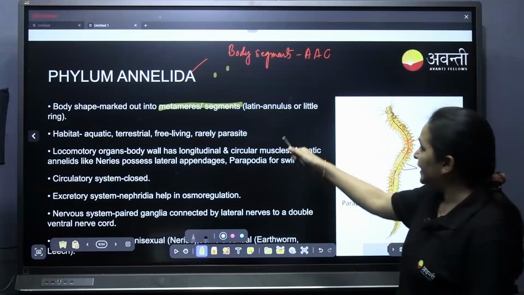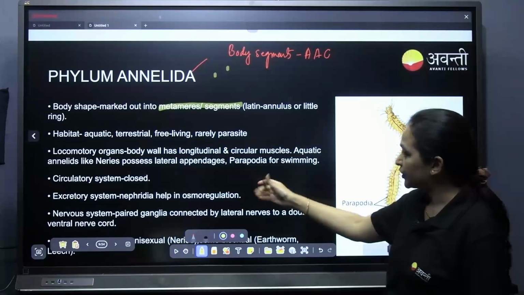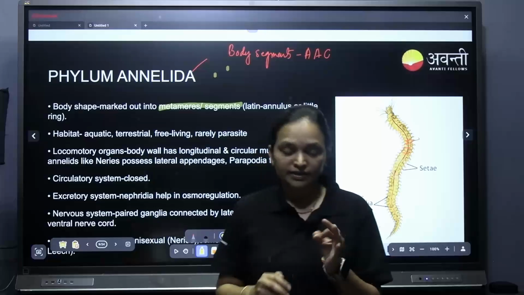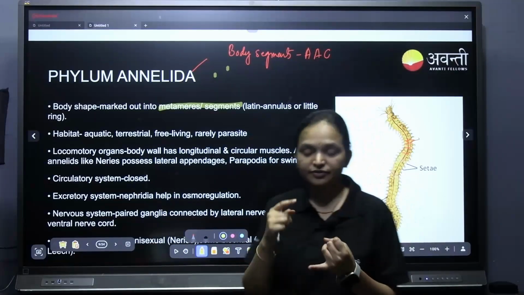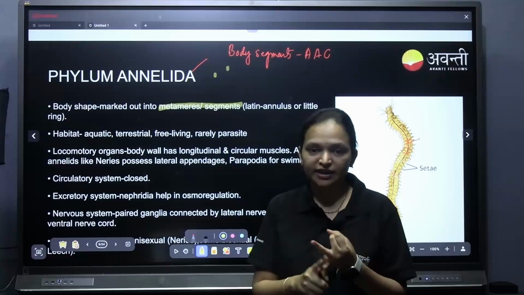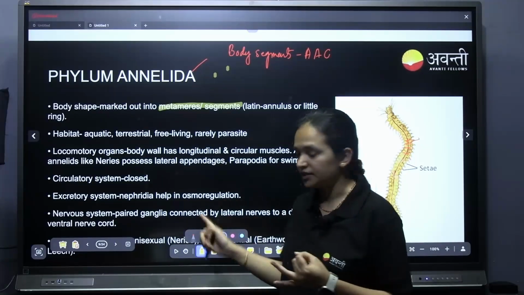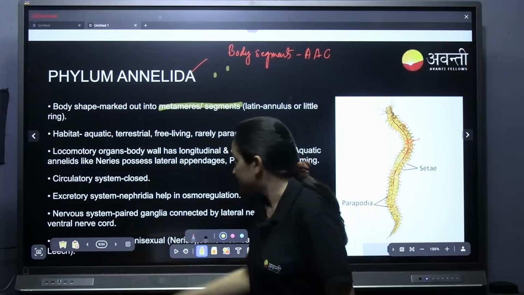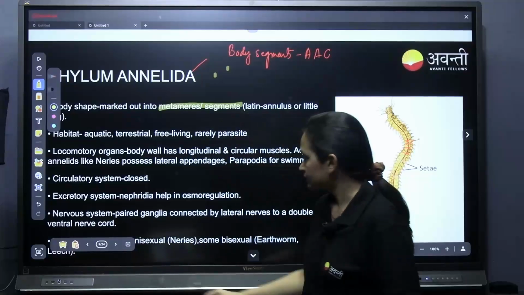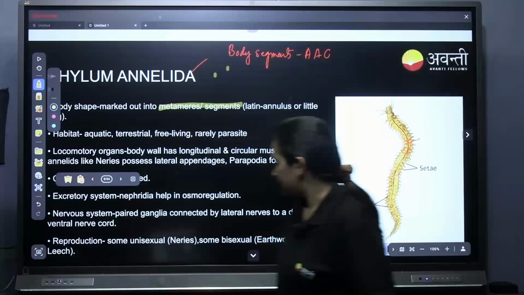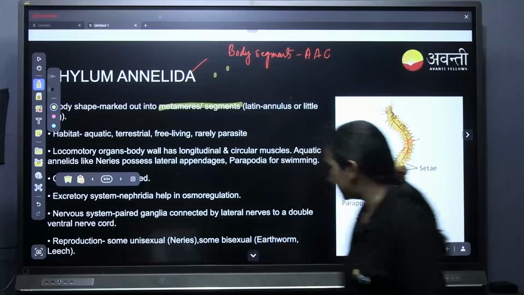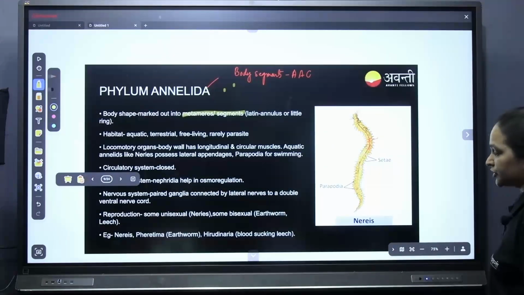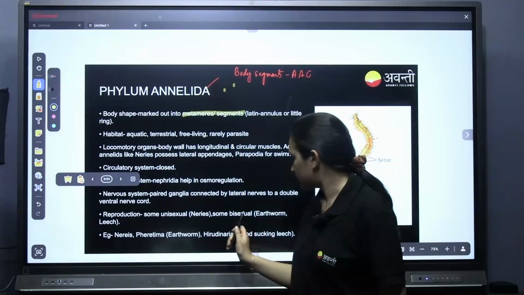Another important thing here is Nereis. Nereis shows dimorphism, that is, male and female sexes are in separate organisms in Nereis. All other examples here, earthworm and leech, you can see they show bisexual condition.